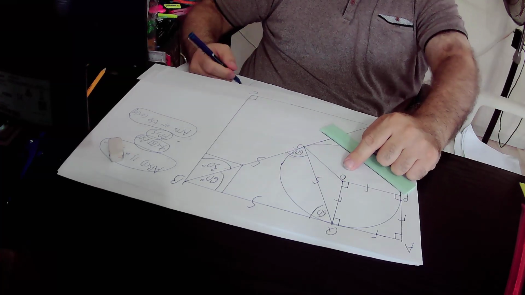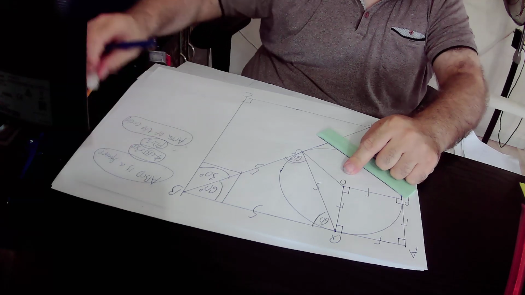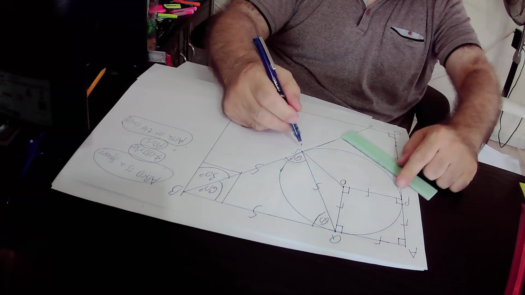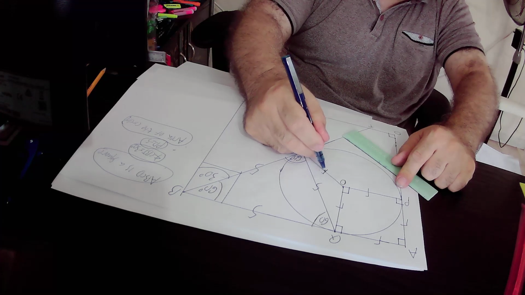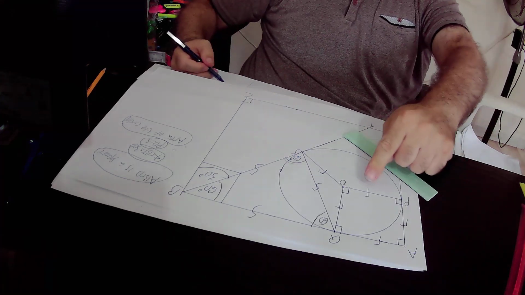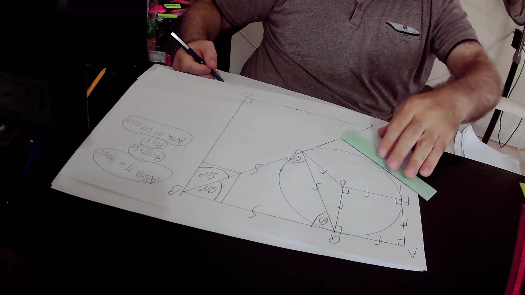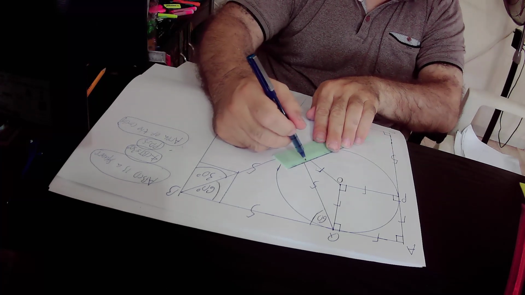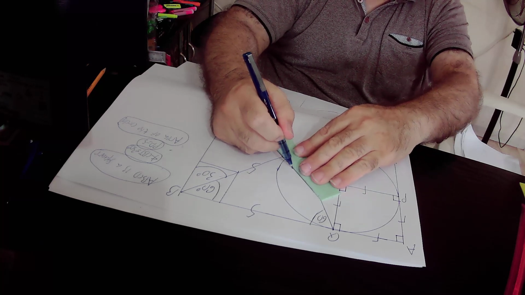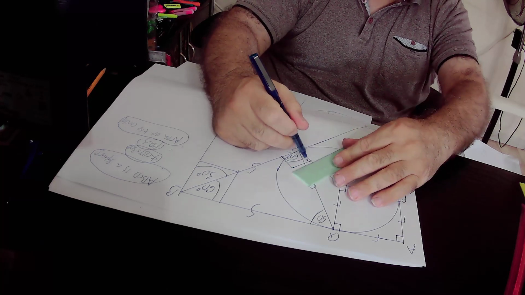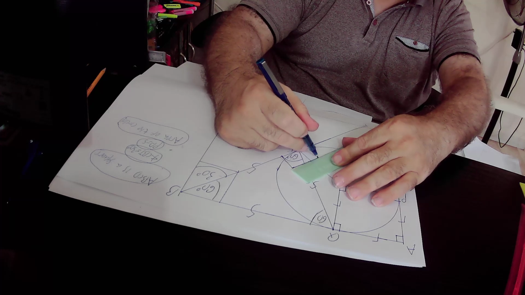Point O is the center of the circle. Point S is the point on the circle itself. Therefore, OS is the radius of the circle that is equal to R. And we have the radius OS that is drawn to the point of tangency. Therefore, according to rule number 1, this angle will be equal to 90 degrees. And this angle will also be equal to 90 degrees.